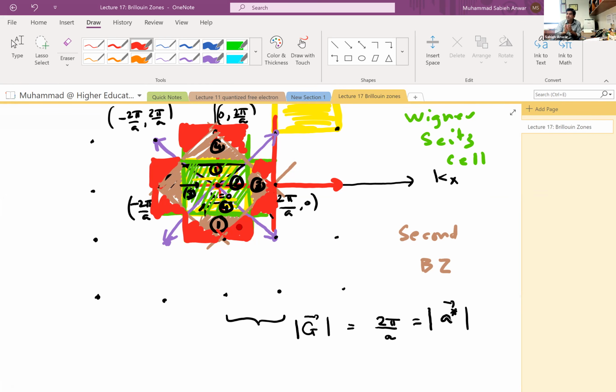The first Brillouin zone, by construction, contains those k points which are closer to the origin than any other reciprocal lattice point. If you move out of the first Brillouin zone, you have another reciprocal lattice point that is nearer to you than the origin. This is how we define the first Brillouin zone.